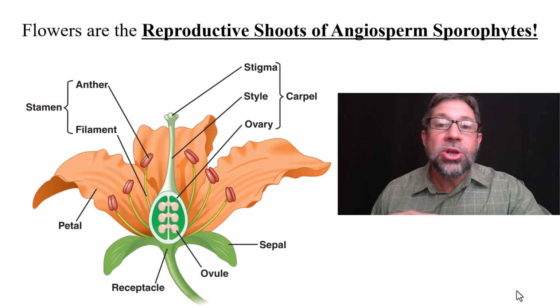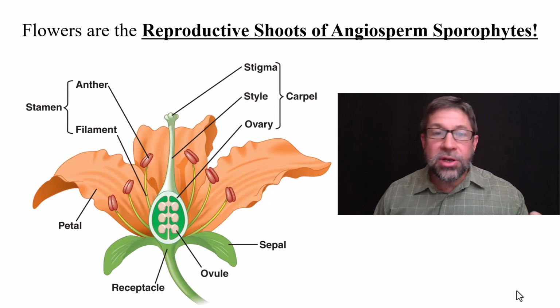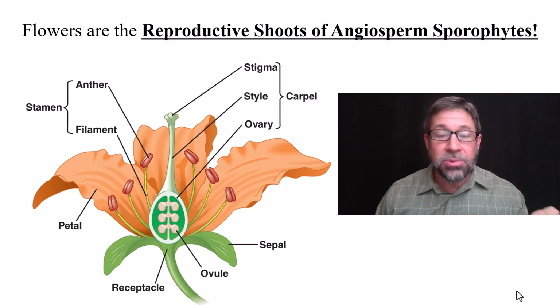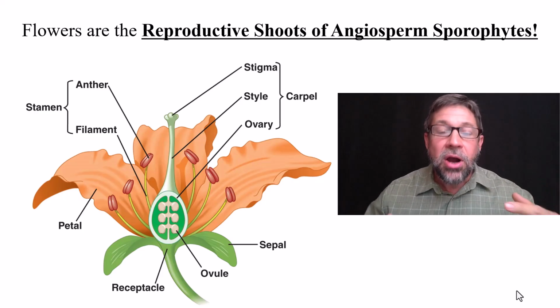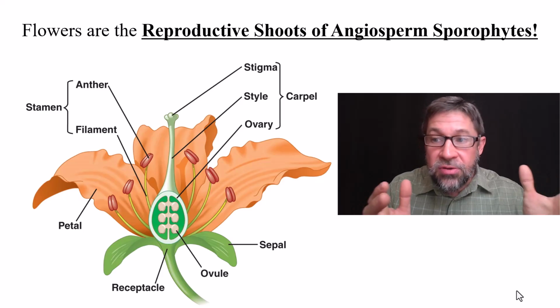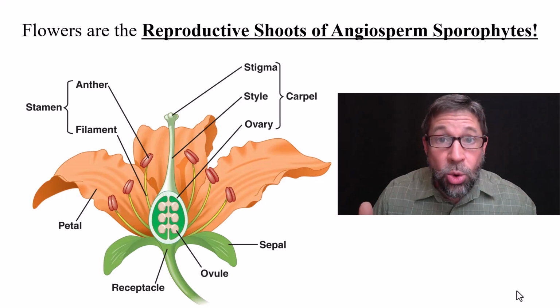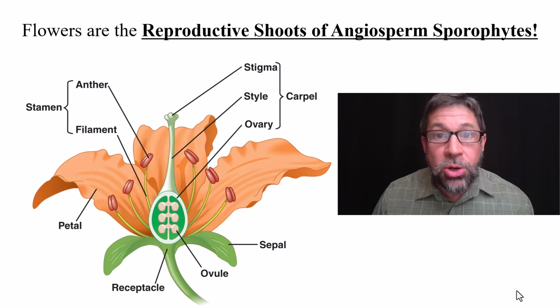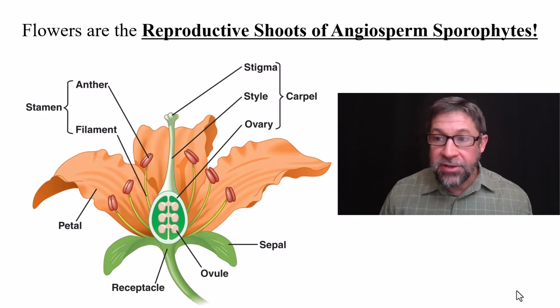Plants are doing what all other organisms seek to accomplish. Plants are trying to pass along their genes. Flowers are the reproductive shoots, the sex organs of angiosperm sporophytes.